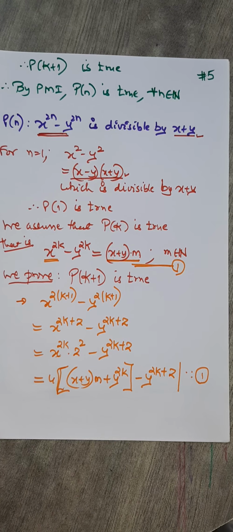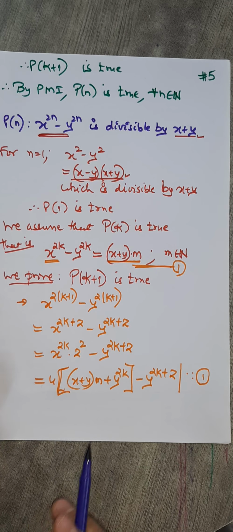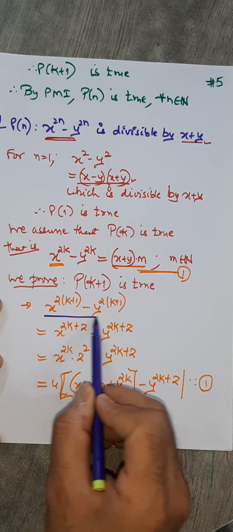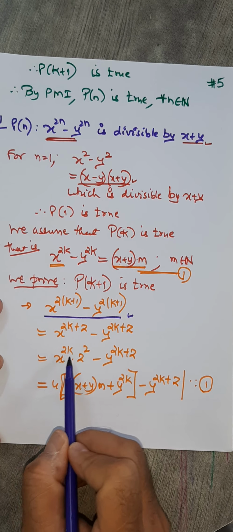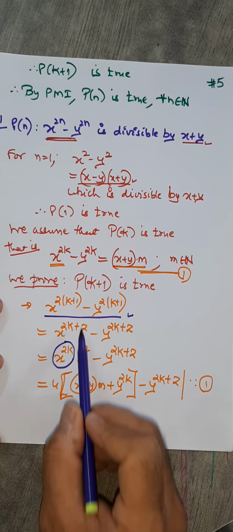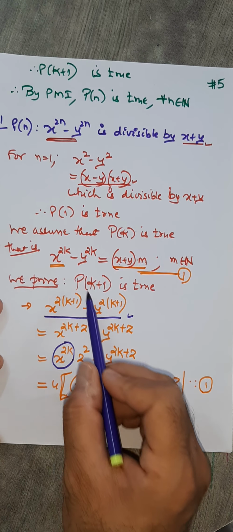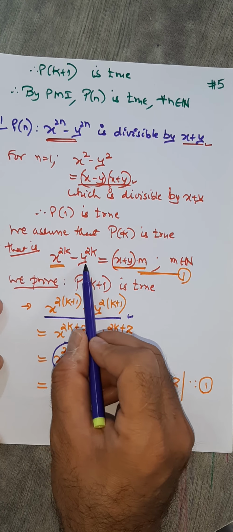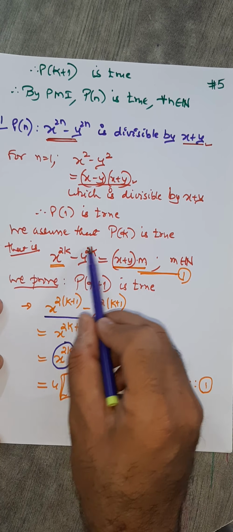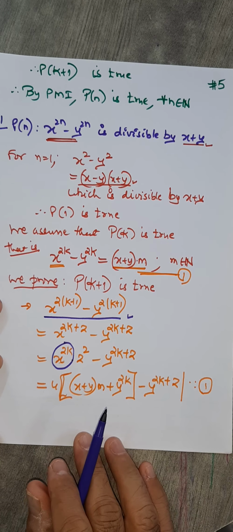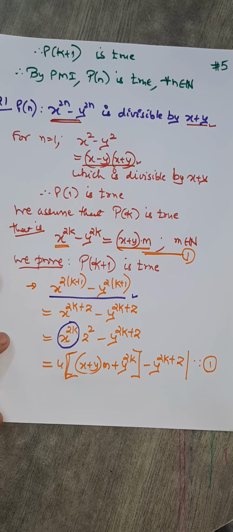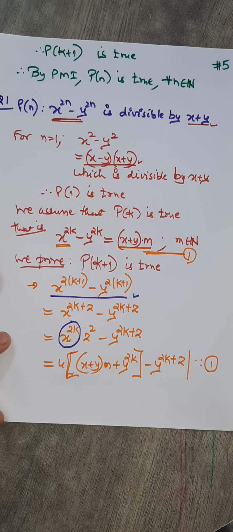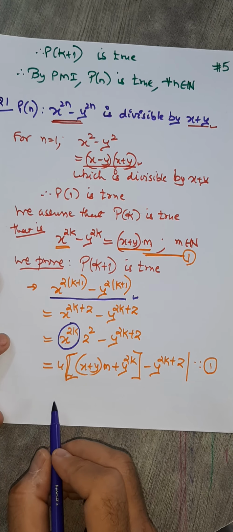What I did, anyone you can put, the choice is yours. I started with n equals to k plus 1. X raised to 2k I've expressed in this form. Why? Because I want to put x raised to 2k. And what's the value of that? X plus y into m plus y raised to 2k. Now we just simplify, and you will find an x plus y factor from this.